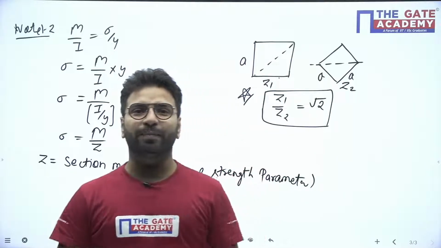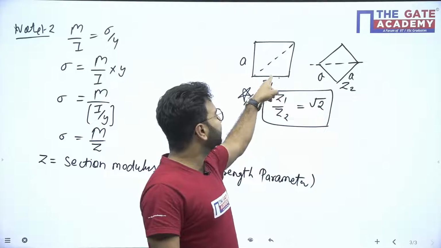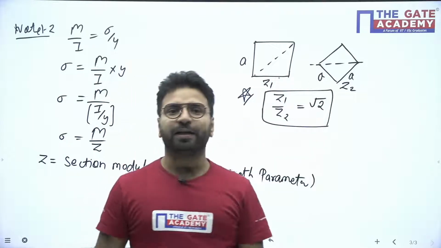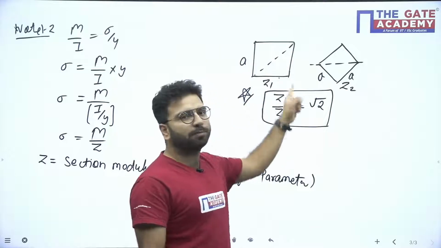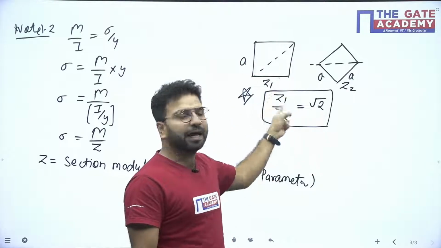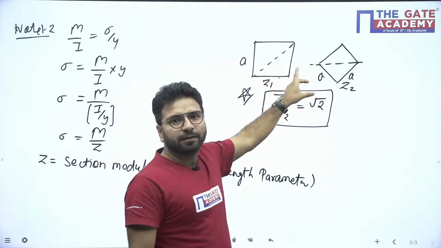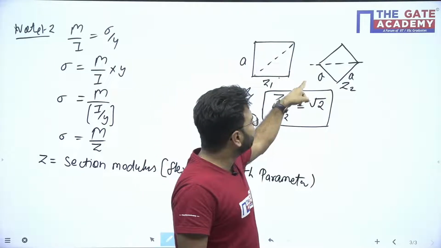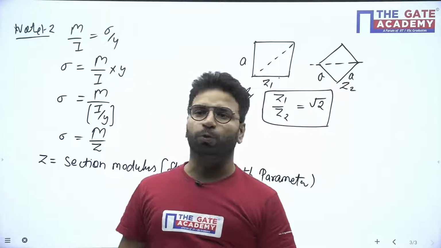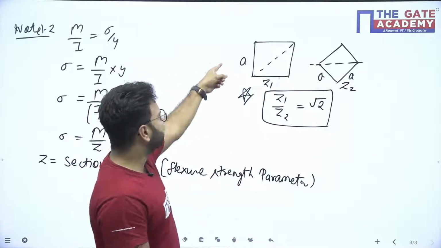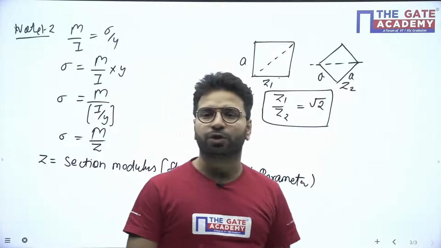The IAS and ES exams have asked this question many times, but in GATE also this question can come. The ratio of section modulus of a square section and the same square rotated so that the side is inclined and the diagonal is horizontal is Z1 by Z2 equal to root 2. So the square section is stronger here.